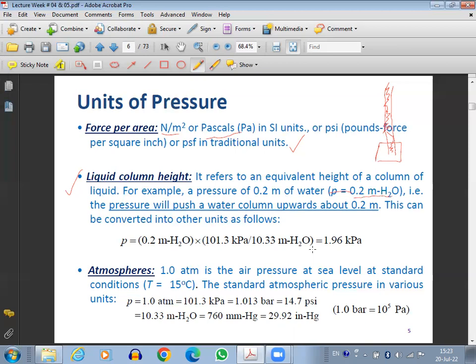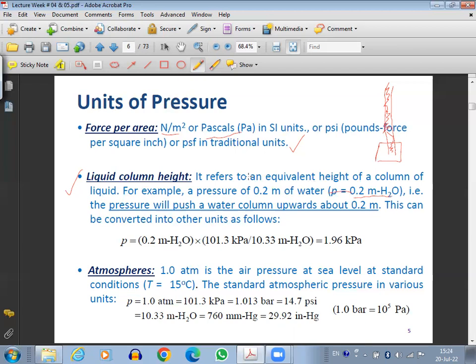So we have different units: kilopascal, kilonewton per meter square, megapascal. You can convert Newton per meter square into megapascal. Similarly, the liquid column height is also a unit, and it is convertible. So you can convert the liquid column height for any fluid into Pascal or Newton per meter square.